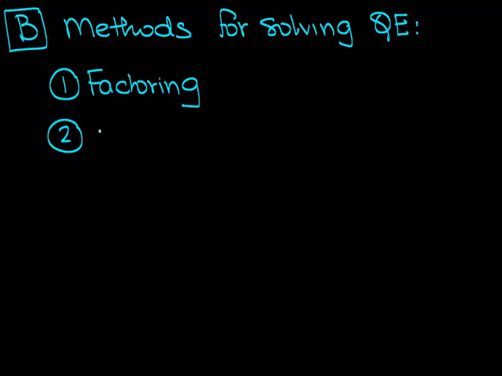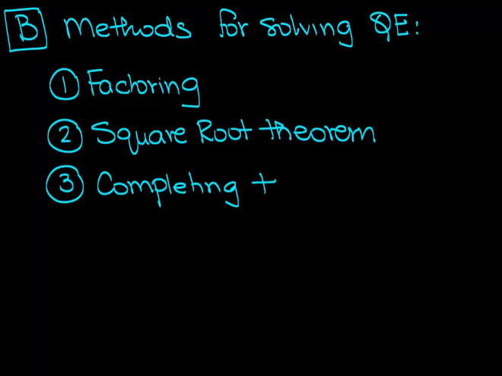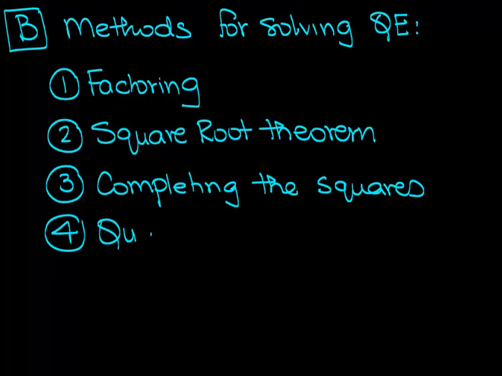Second method is basically the square root theorem. The third method to solve a quadratic equation is completing the squares. The fourth method to solve a quadratic equation is actually the quadratic formula.